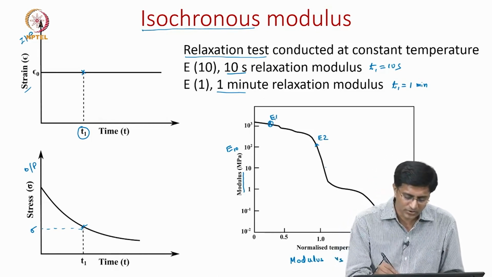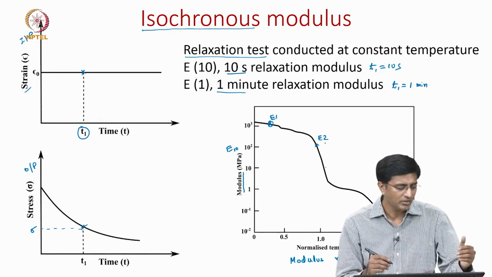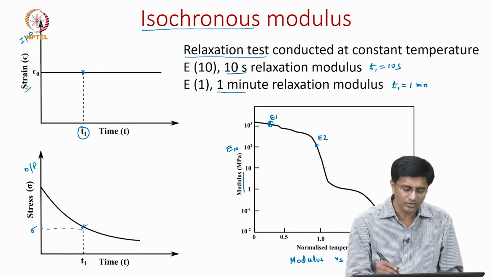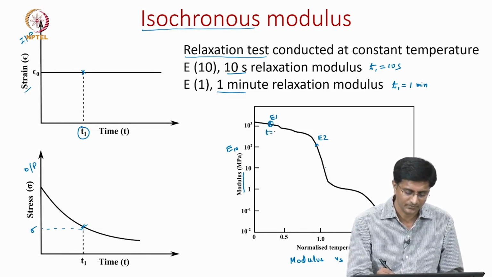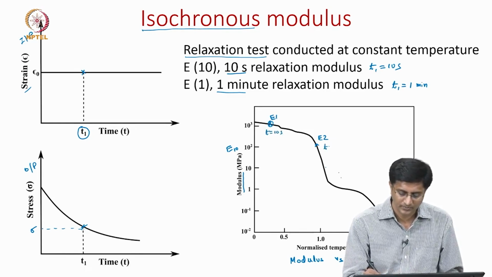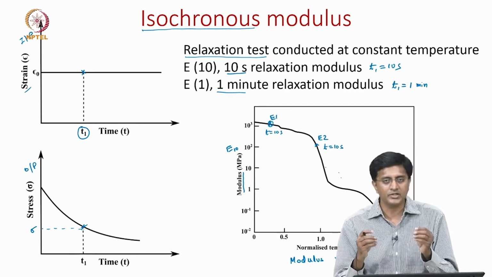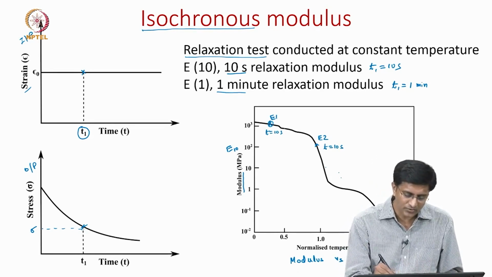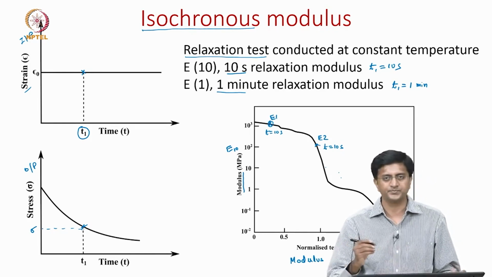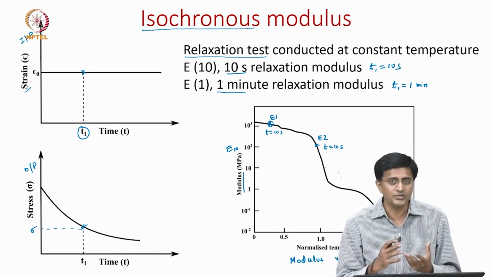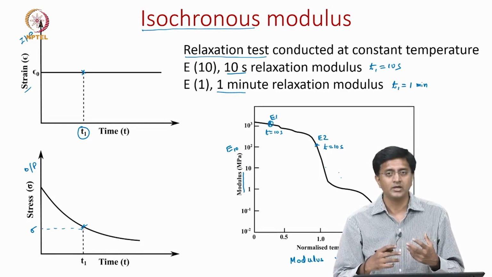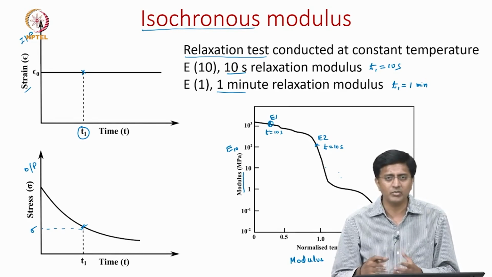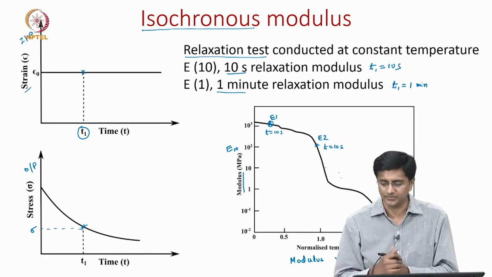In both experiments we apply constant strain and then report the stresses at time t equal to 10 seconds. Depending on the stress and strain, we can now give modulus values, and these are the modulus values we have obtained from the experiment. This isochronous modulus helps us in comparing the modulus with different parameters. What we have shown here is temperature, but it could be any other parameter.